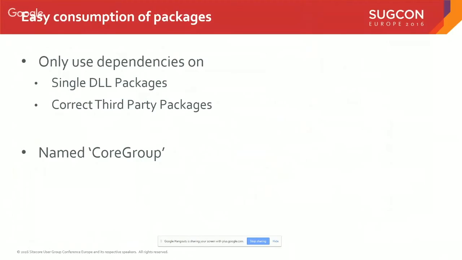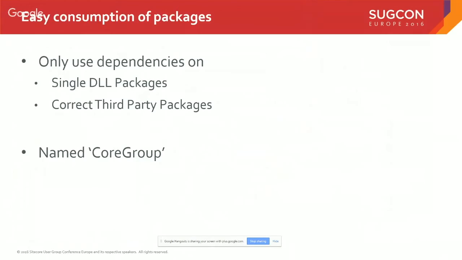So we use something like the NuGet package discoverer to create the Sitecore.Mvc.CoreGroup package. I'm going to say it's dependent on Sitecore kernel, and also on Microsoft ASP.NET MVC for the version that you're looking to build right now. It's going to pull in 5.2.3 for Sitecore 8.1.